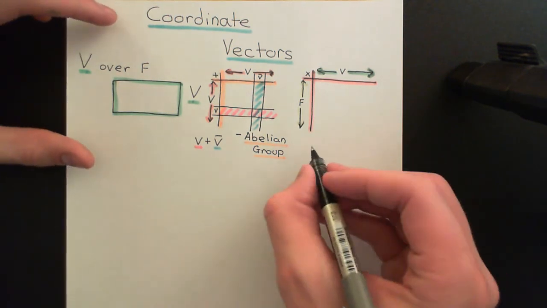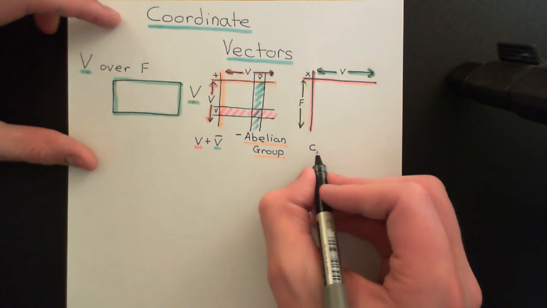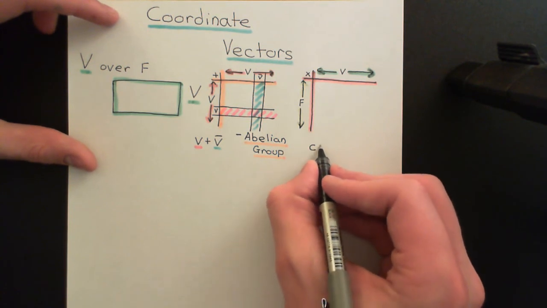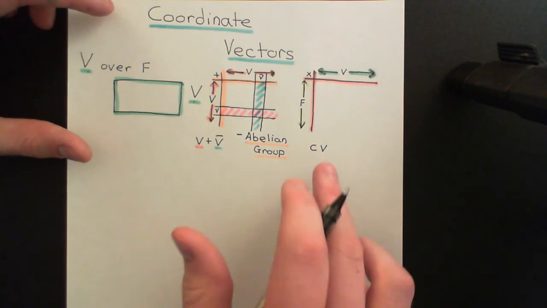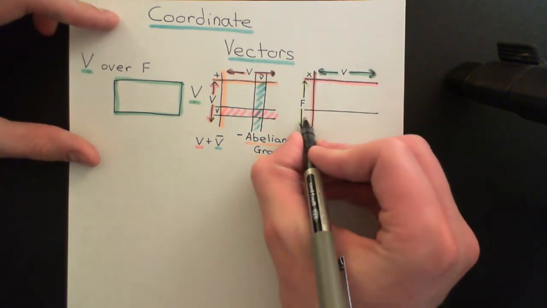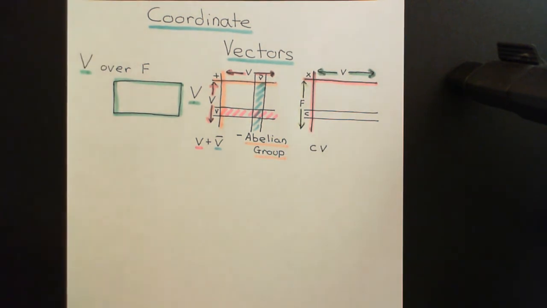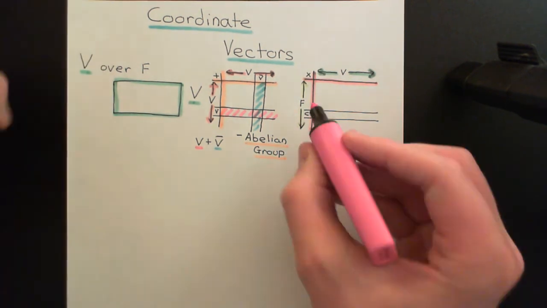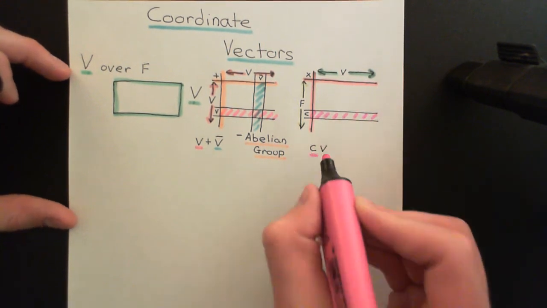So quite simply, if you want to know what some scalar or some element of the field, little c, scalar multiplied by a vector in the vector space, little v, is, you take the row corresponding to the scalar little c. Here's the scalar element of the field, little c, so I'll colour that in purple here. Here's its row.